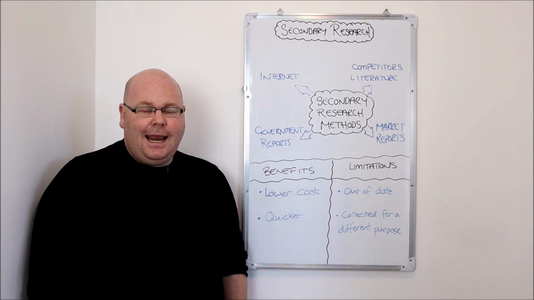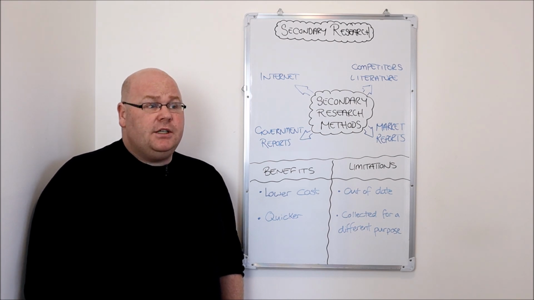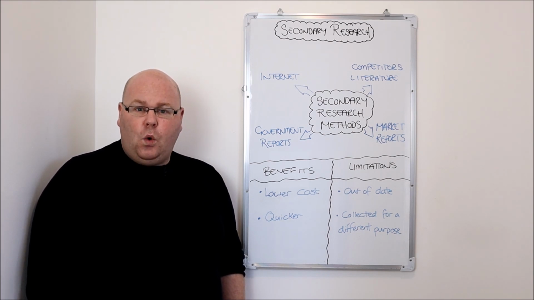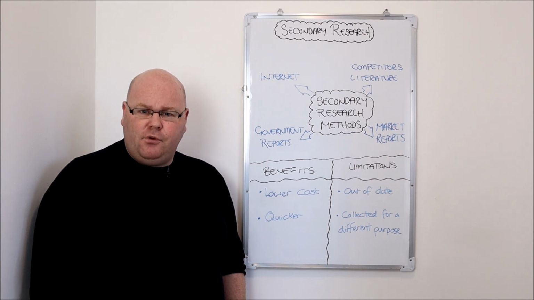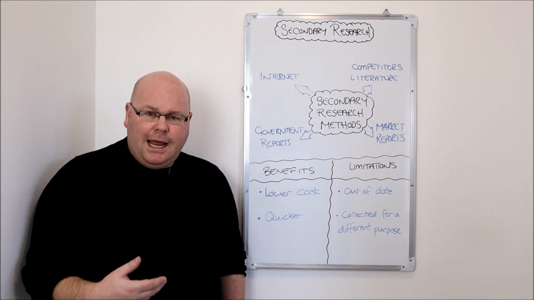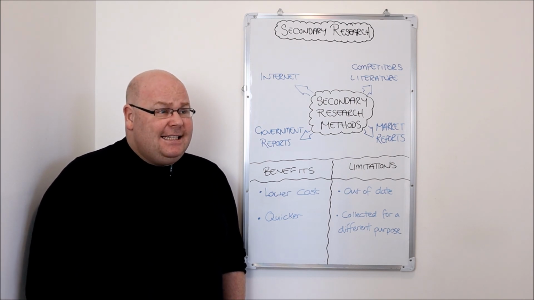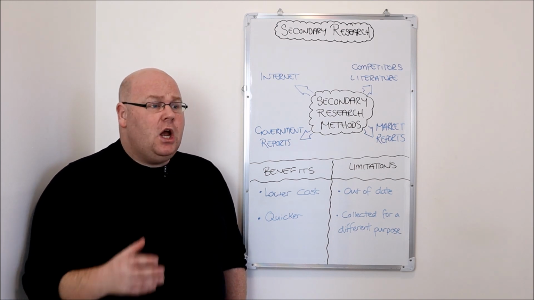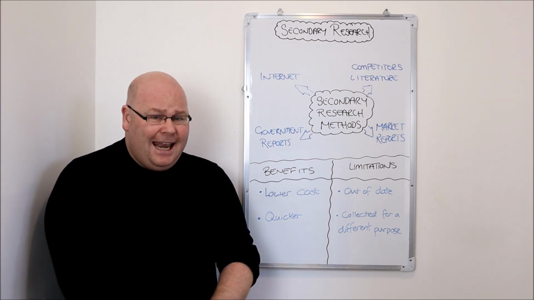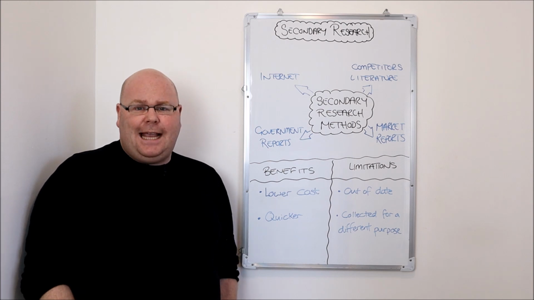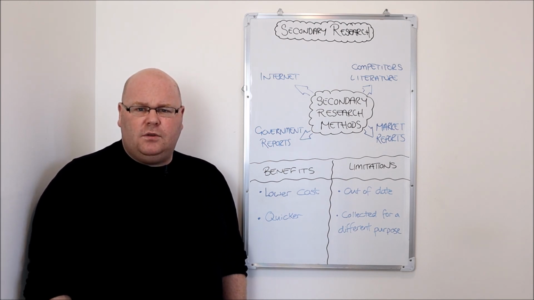In addition, collecting secondary market research might be a far quicker process than collecting primary market research. When we're collecting primary data, we've got to design that market research, go out ourselves and collect it, and then we've got to take time analysing the results as well.